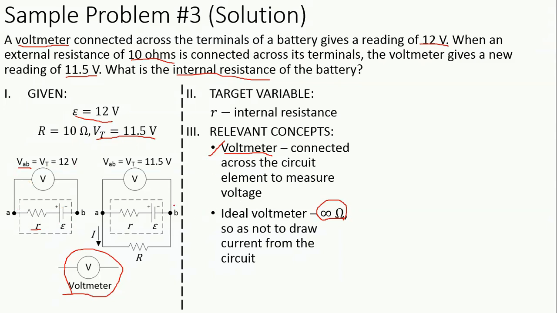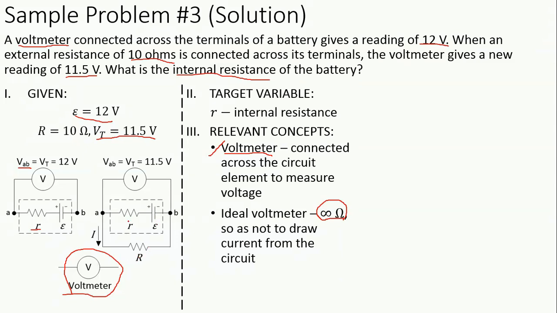And then in the second case, we connect an external resistance, and since the resistor is not capable of supplying power, the battery must supply power to the external resistance.